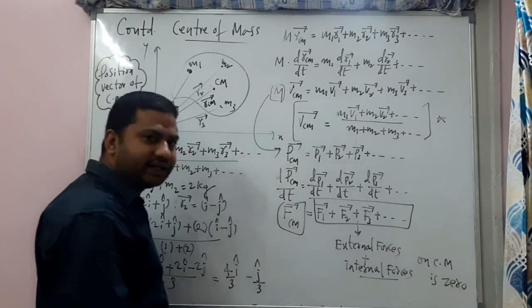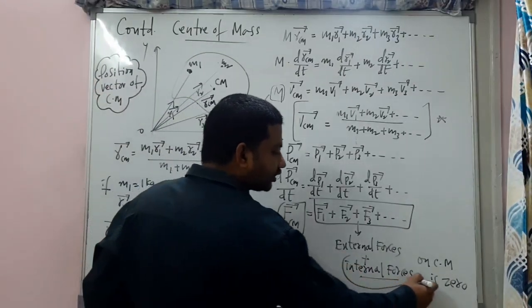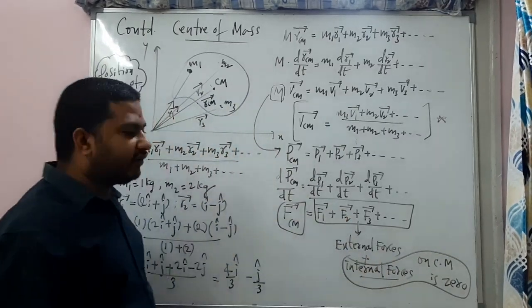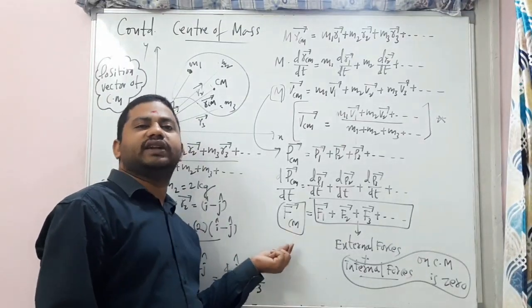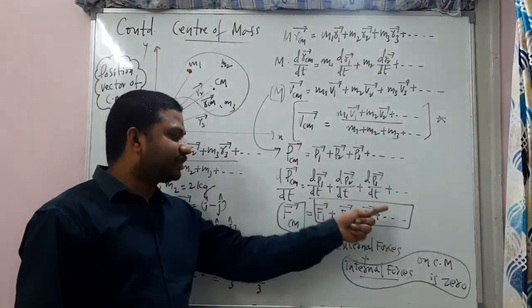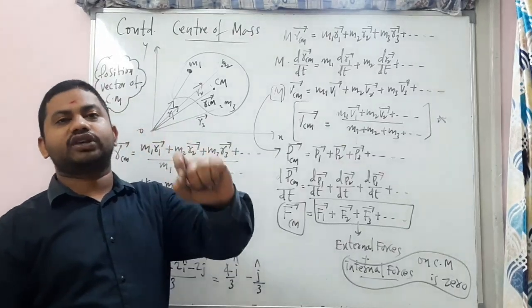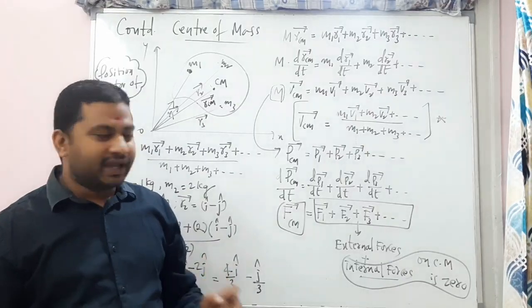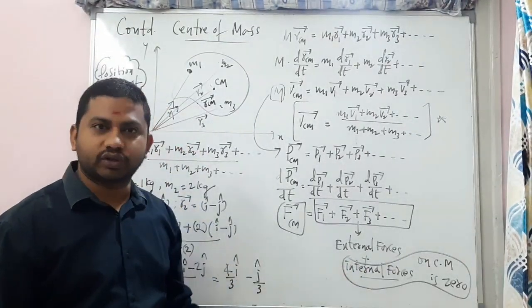Very important and interesting point. When we talk about the net force on the center of mass, we only consider all the external forces, because external forces only can change the position of the center of mass. Internal forces cannot, and we'll see one or two examples related to that.